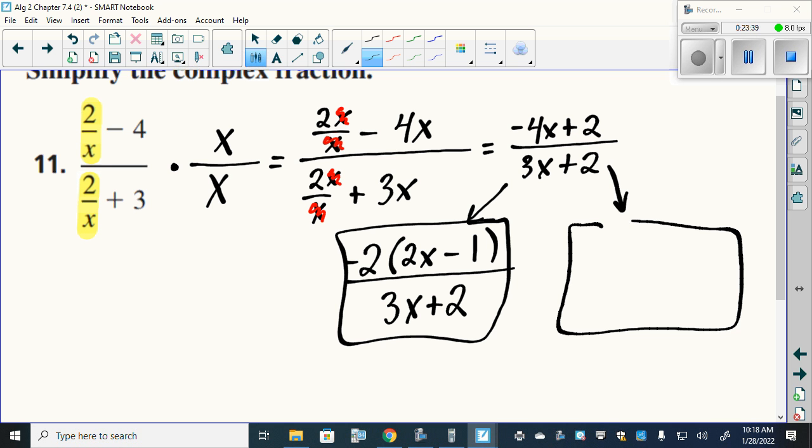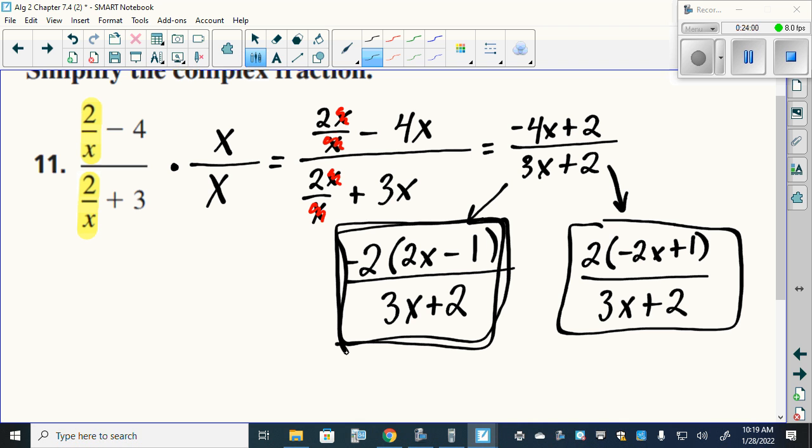The other way we can do this is just factor out a 2. I just didn't factor out the negative. So I could factor the negative out or I can leave it in. If I was doing these, I normally factor the negative out. I like to try to keep the x variable positive, the one with the biggest exponent, which here would just be x.